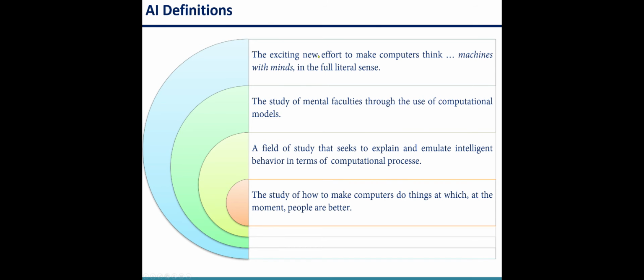Here are other definitions: the exciting new effort to make computers think, machines with minds in the full literal sense; the study of mental faculties through the use of computational models; a field of study that seeks to explain and emulate intelligent behavior in terms of computational processes; the study of how to make computers do things at which, at the moment, people are better.